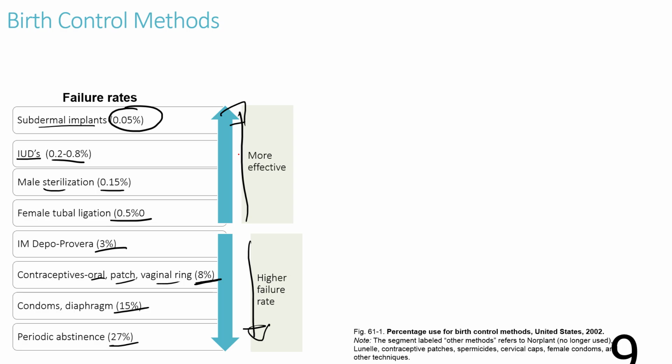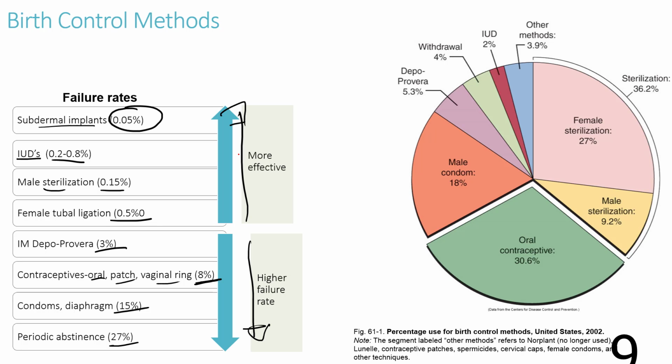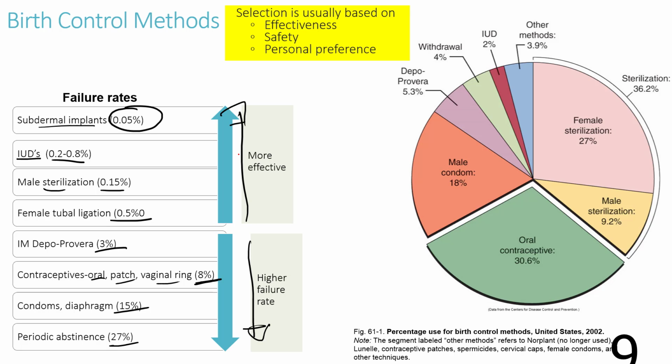All right, so having said that, what really happens is this. People usually choose a birth control method based not really on their effectiveness, sometimes based on their safety, but the number one choice is because of personal preference, right?